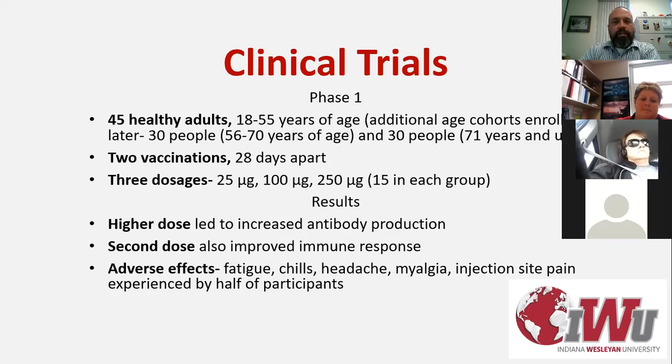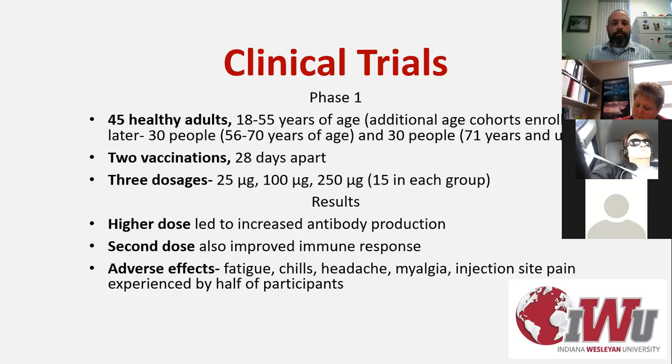So in this first trial, the researchers are administering 2 vaccinations to each participant 28 days apart. And part of what they're doing here is trying to determine what the optimal dose is. So these people are broken into groups and given vaccine in 3 different doses: 25 micrograms, 100 micrograms, and 250 micrograms.